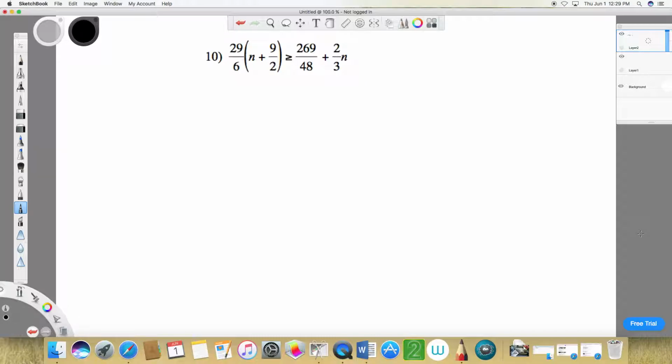So on the left-hand side, let's distribute this 29 over 6 to both of these terms.